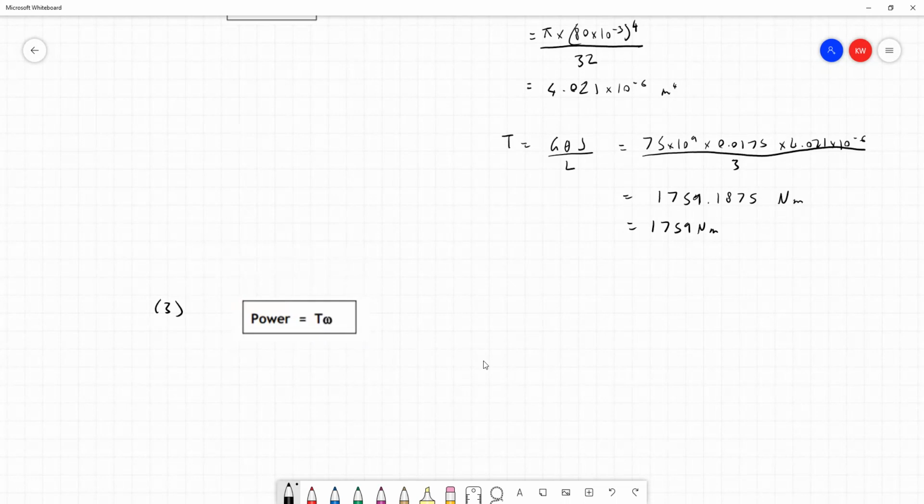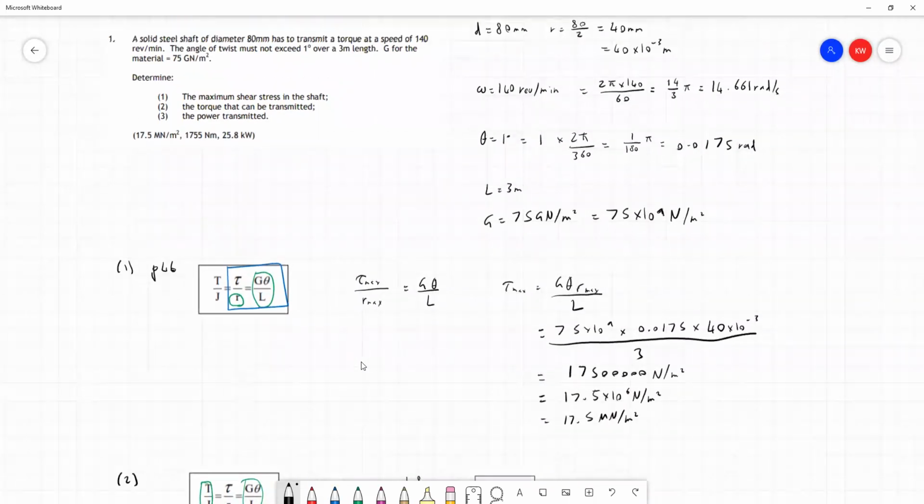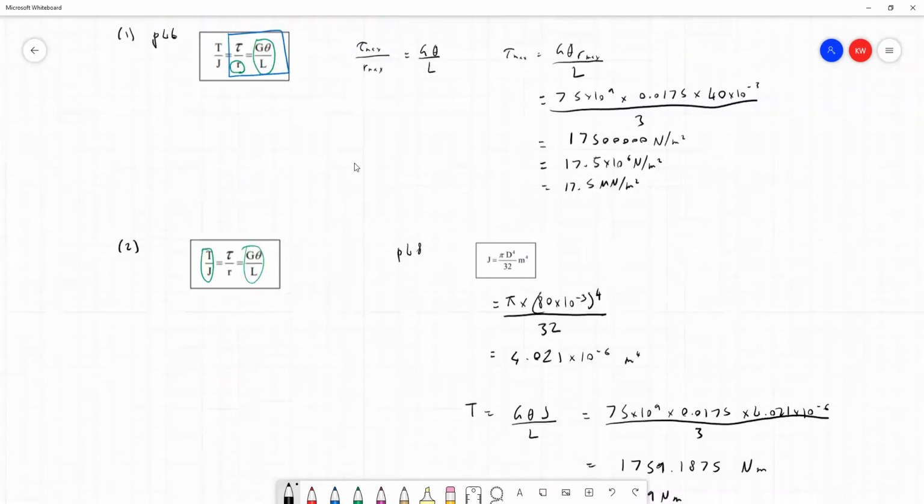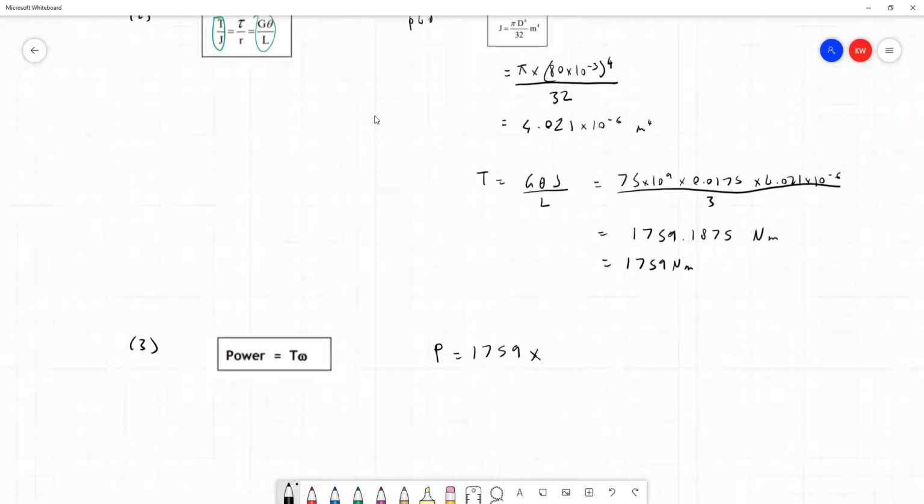Well, we know both torque and angular velocity, so it's as simple as saying power is equal to 1759. I'm using my value, so the final answer will be slightly shifted due to that. And I'll use the value for omega. Remember, we wrote it down at the start, it's 14.661 radians per second, because we converted that speed from RPM.